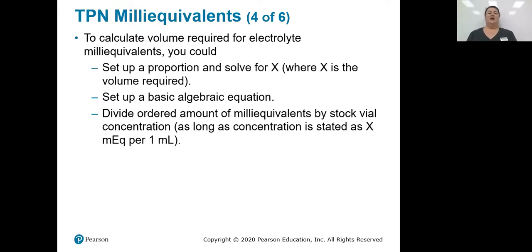And that is the key to that. If your milliequivalents on your stock solution are expressed per milliliter, you don't necessarily have to set up the proportion and solve for X. You can just divide the ordered amount by what your stock concentration is.